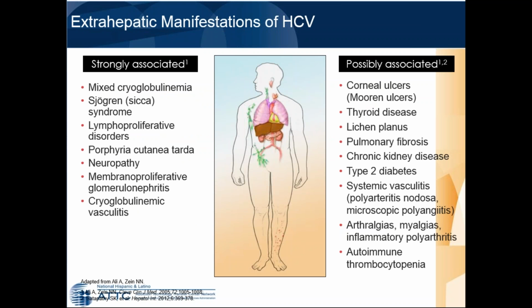These are examples of how hepatitis C can affect other organs besides the liver. And again, a lot of it is autoimmune. So, for example, like I mentioned before, kidney.